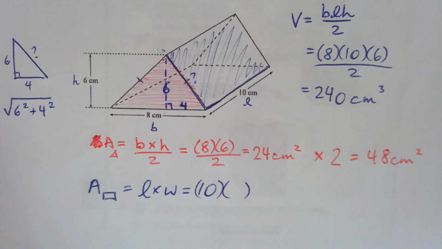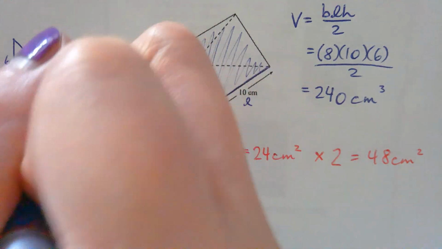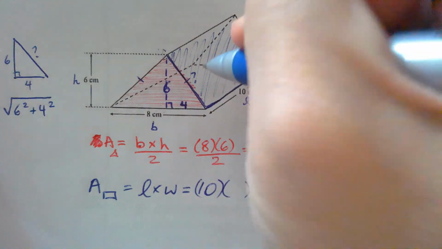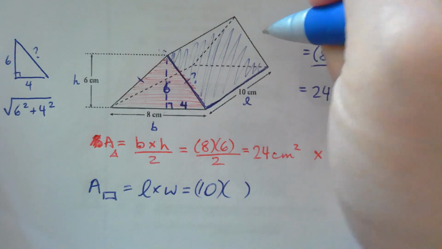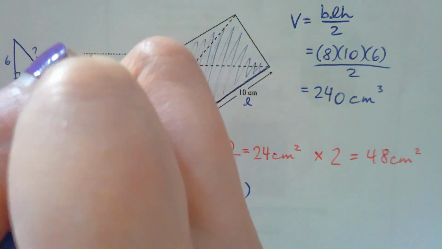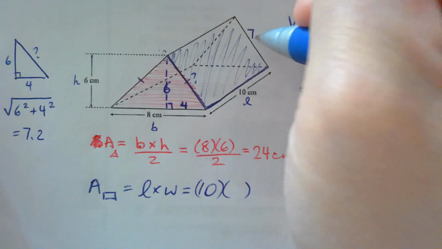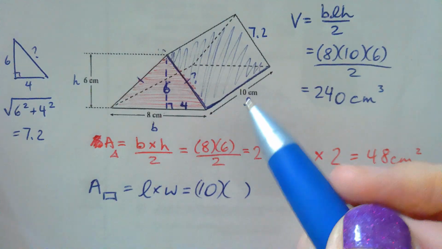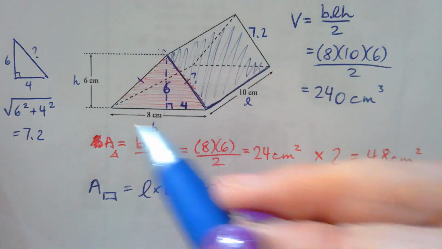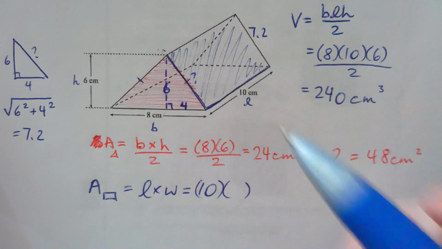Square root that. Answer: 7.2. Does 7.2 sound about right? Looks pretty proportional to me. If this is 8, this is 10, 7.2 makes sense.